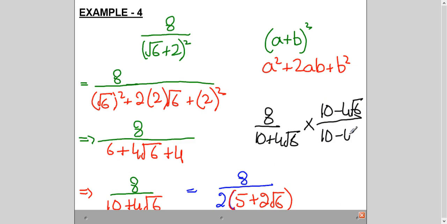Choice is yours. You like working with simple numbers, or wherever you can cancel, you can. If you don't, choice is yours. I like to simplify at every stage wherever it is possible. It helps me to get the question in smaller numbers, right?